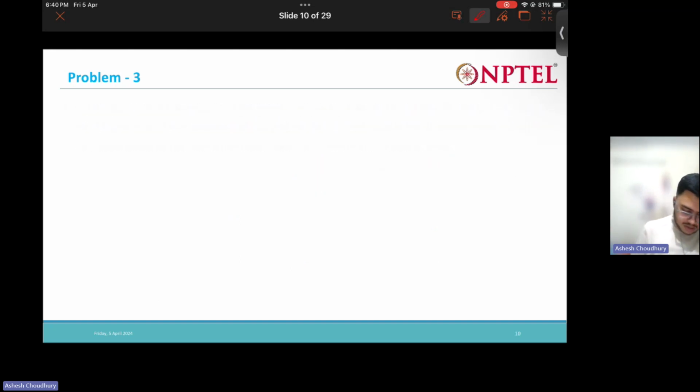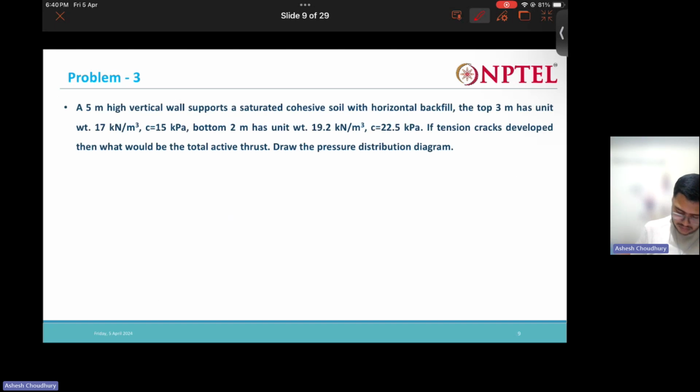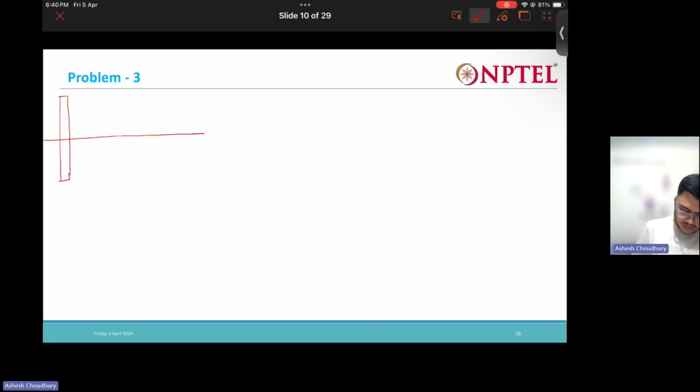All right, now let us draw the stress diagrams. So this is 3 meters. At the top, our variation will be something like this.